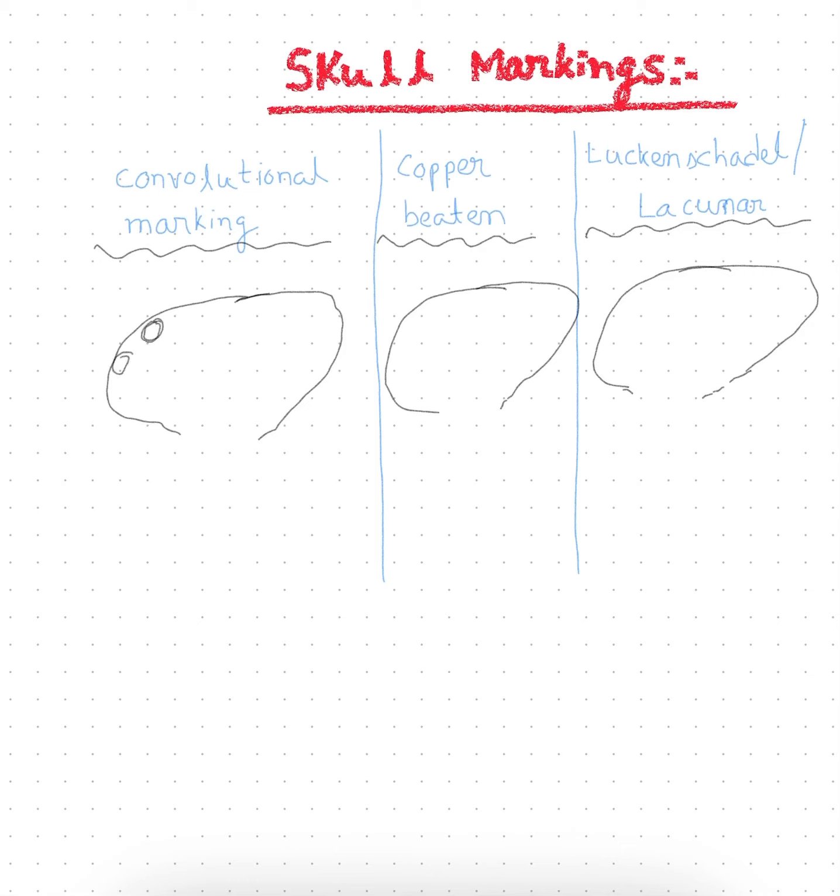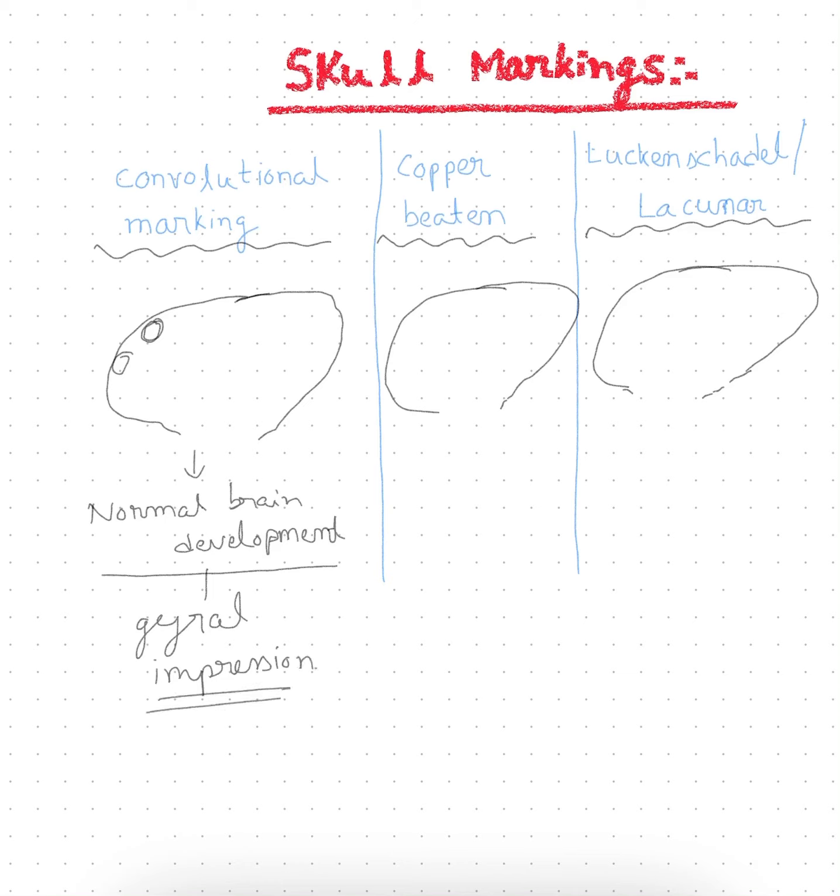These are related to normal brain development, and because of this development or the rapid brain growth, these gyral impressions develop on the inner table of the skull, basically on the posterior part of the skull.